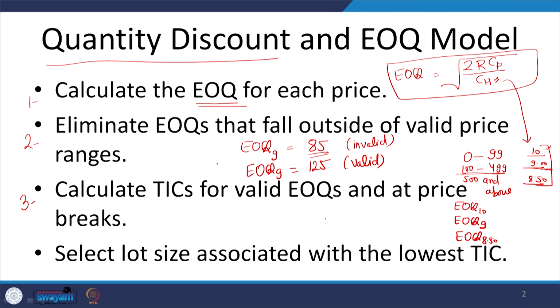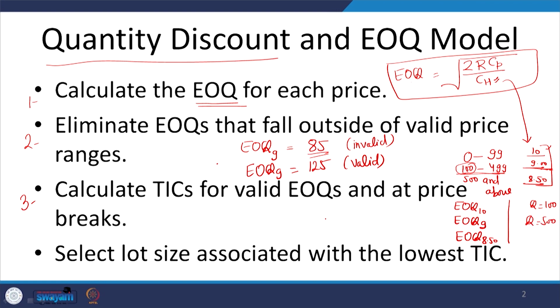These are the three EOQs, and then you have two price breaks. One price break comes when you change your order quantity from 99 to 100. Another price break comes when you change your order from 499 to 500.